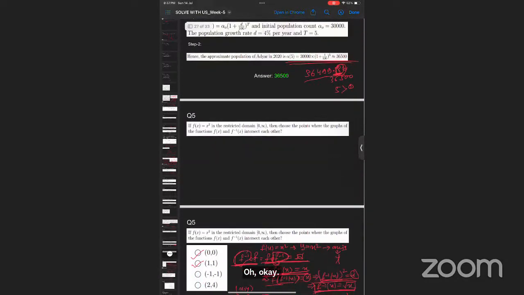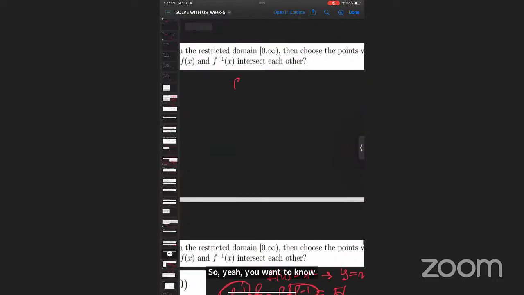So, you want to know about the composition of functions. It's pretty simple. We know the general version, right? If we have a function f from A to B and g a function from C to D, how do we find the domain of a composite function?